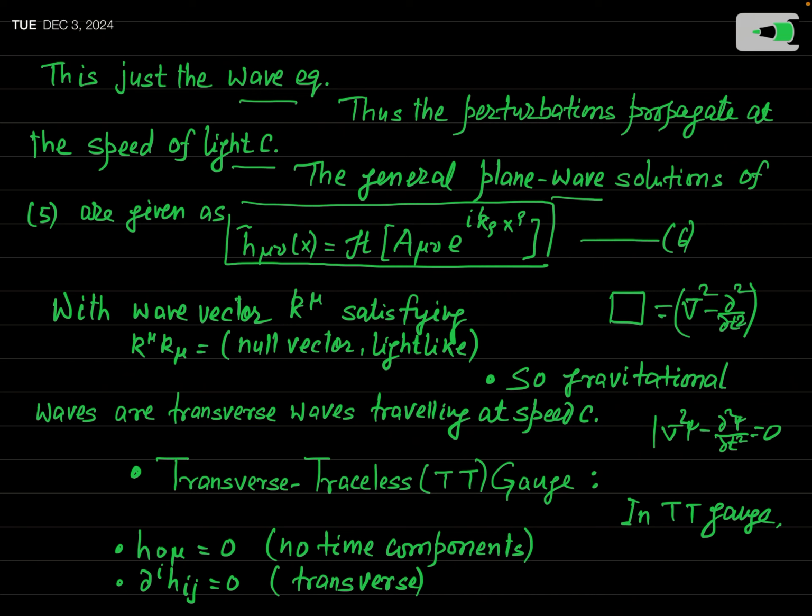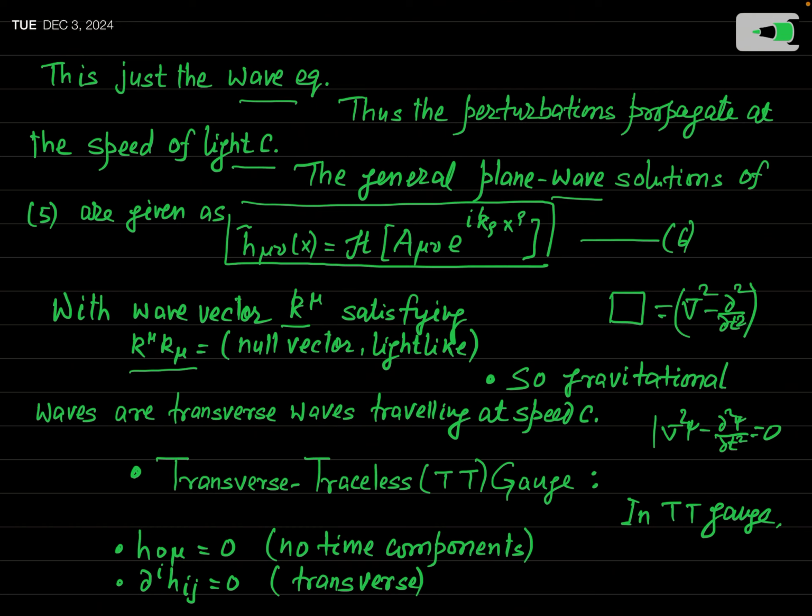This is h̃_μν(x) equal to h_μν e to the power i k_ρ x^ρ. Here k_ρ is the wave vector, and this wave vector satisfies this condition: k_μ k^μ is 0.